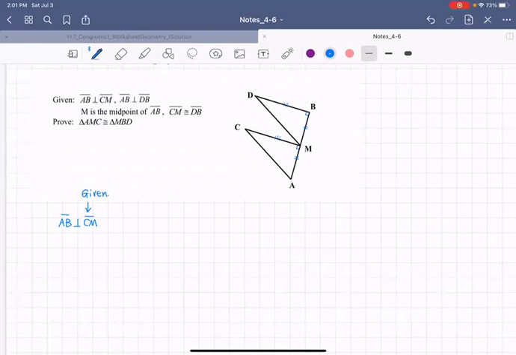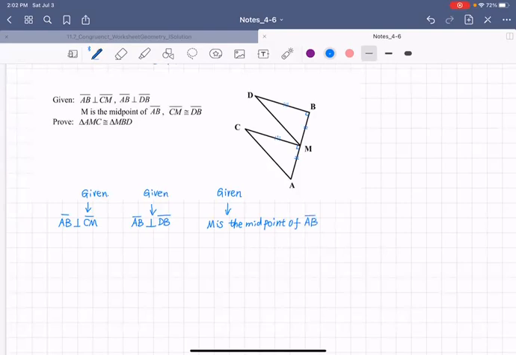Given line AB is perpendicular to line DB. Okay. M is the midpoint of line AB.